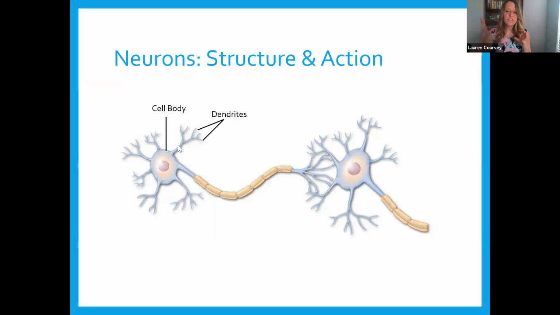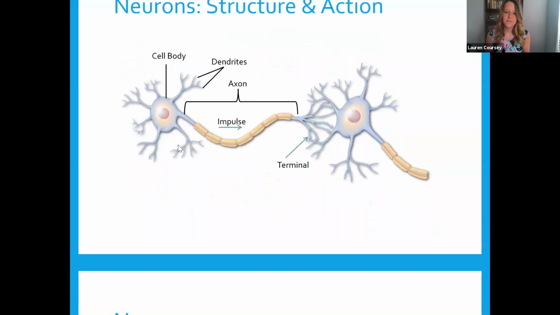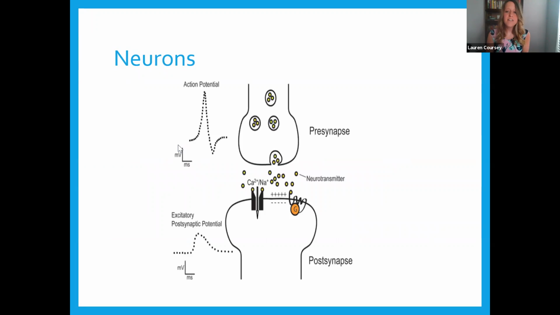If the cell body receives enough excitatory messages to reach its threshold, the neuron will fire an electrical impulse that travels down the axon to the terminal. The electrical signal signals the terminal to release sacs or vesicles filled with neurotransmitters into the synapse.